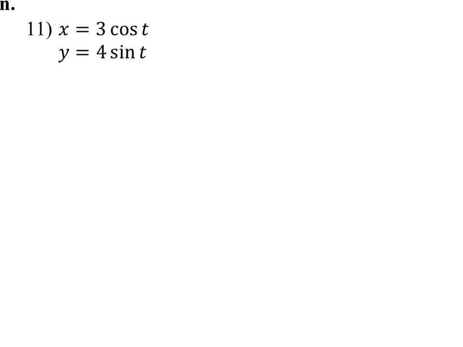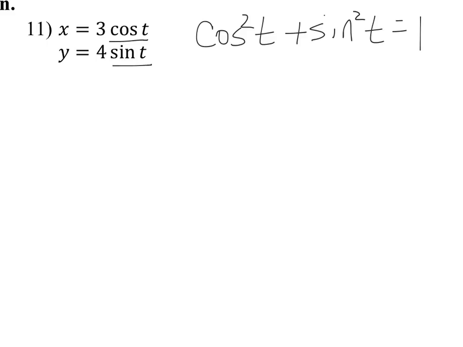In the last equation, we need to use the Pythagorean identity of cosine squared t plus sine squared t equals 1. So let me write that down. Cosine squared t plus sine squared t equals 1. We're going to use this identity to help us write this equation. The first thing we need to do is solve for cosine t and sine t.